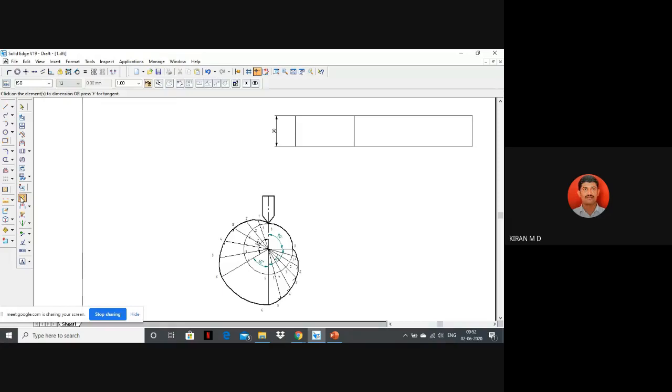So this is theta L, that is 120 degrees. I will write 120 just for your reference: theta L is equal to 120 degrees.